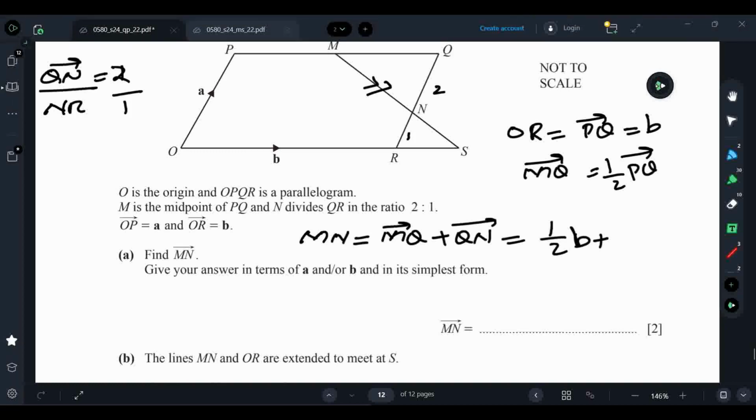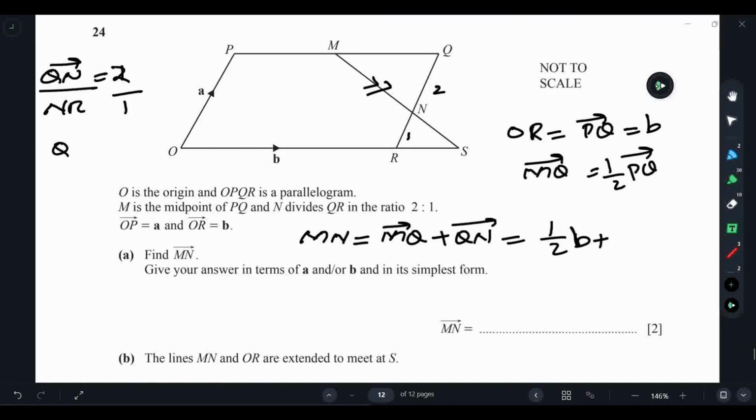Now if Q to N is 2, what should be the value of QR? QR should be 3. So if we rearrange it further, QN will be equal to 2 by 3 QR.